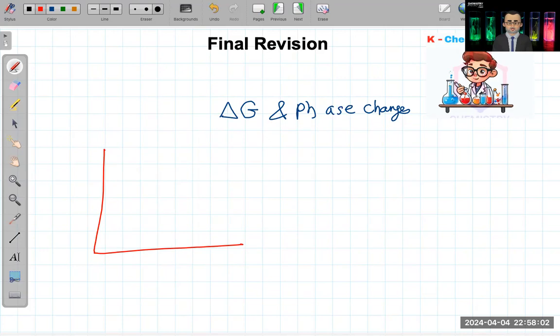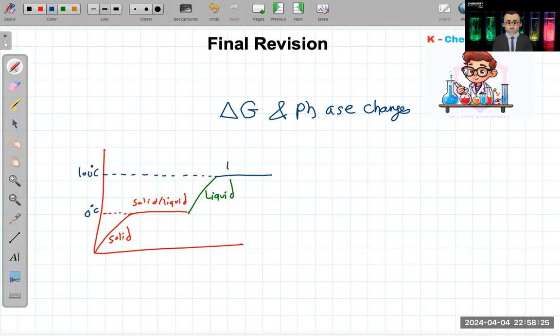The solid starts to melt, and at the melting point there is solid and liquid together, and then it becomes only liquid. And then you heat again. At the boiling point, for example if this is water, there is liquid and gas together, and then you become gas only.